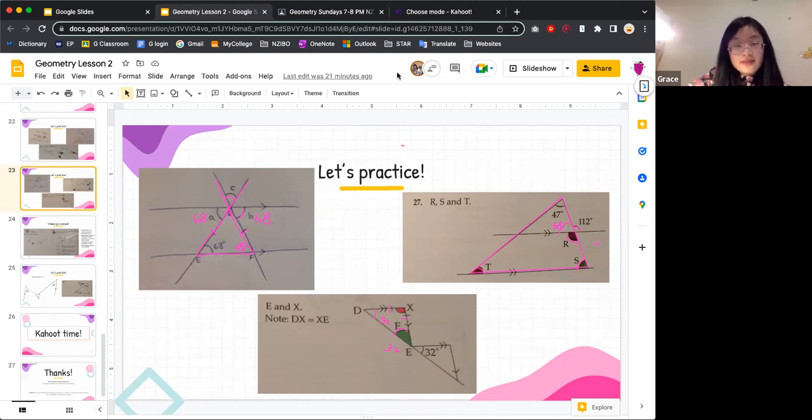So this angle here, could someone tell me what this angle here is? It's in a triangle, right? And we already know two of those angles are 32.